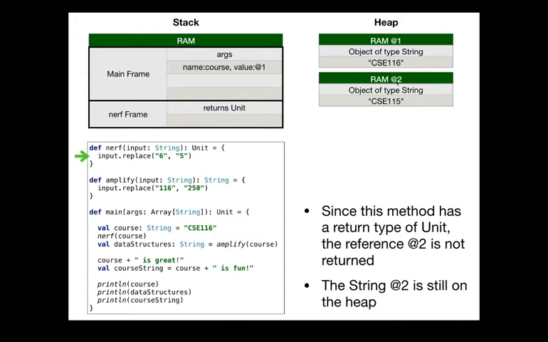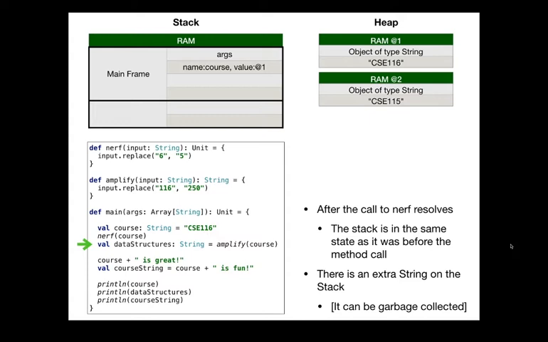So now this reference is the string. It's still on the heap, but we just can't do anything with it because we never assigned that reference to anything. We didn't return that reference. We didn't do anything with it. We just leave it on the ground, or rather we leave it in the heap, and we lose that reference to that string.